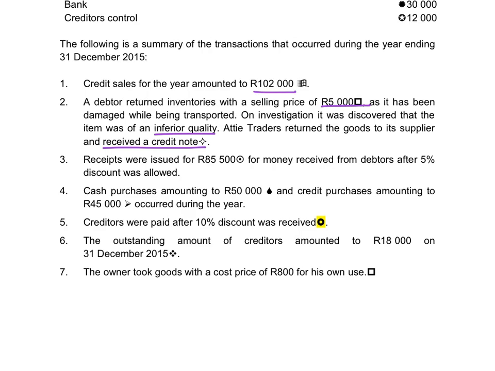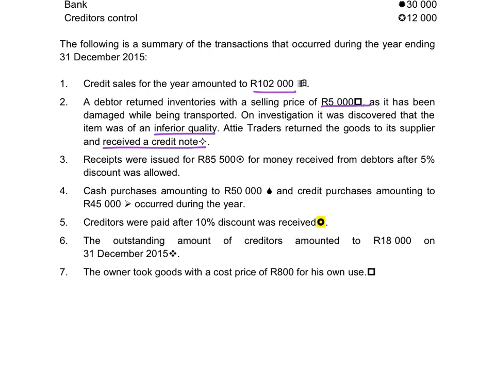You first have to complete an entry for the returns from the debtor to indicate that the debtor owes less money and that your income will reduce because these goods are not sold anymore. Then you will do an additional entry to return the goods to the creditor and show that the business owes less money to the creditor.